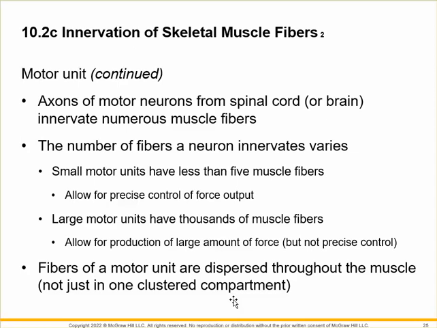Okay. Now, most muscles, the named muscles, have a number of small motor units for some precise control that are fairly weak, and some large motor units that get recruited when we need to create a lot of force, but there's not much control.